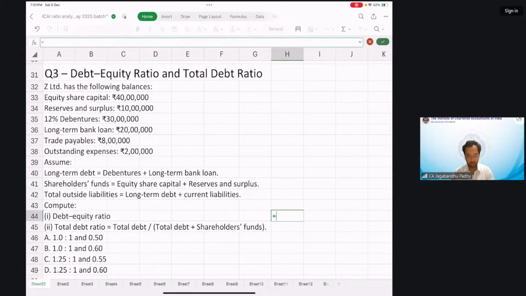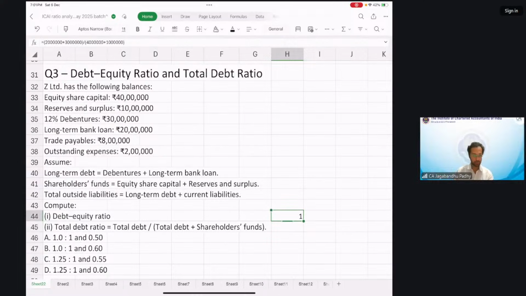So debt equity ratio will be debt. So debt is what? Long-term debt of 20 lakh plus debentures of 30 lakh divided by equity value. So equity is what? Equity plus reserves, which is 40 lakh plus 10 lakh. So it is 1.